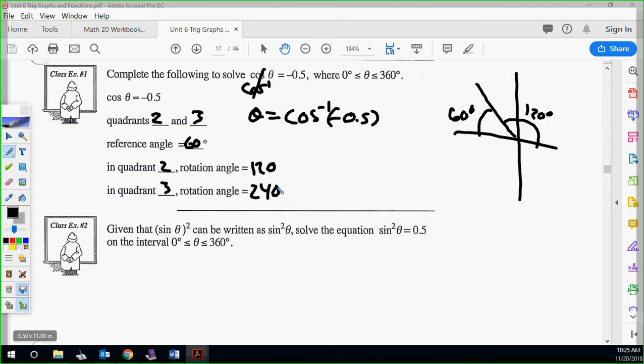Our possible answers are 120, because 120 is in quadrant 2 with a reference angle of 60. The other one with a reference angle of 60 in quadrant 3: 60 plus 180 gives you 240. So 240 and 120 are where cosine is negative 0.5.